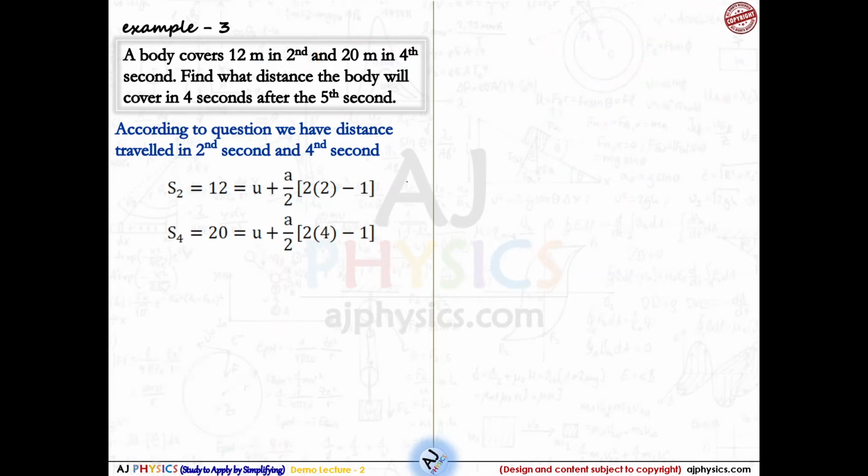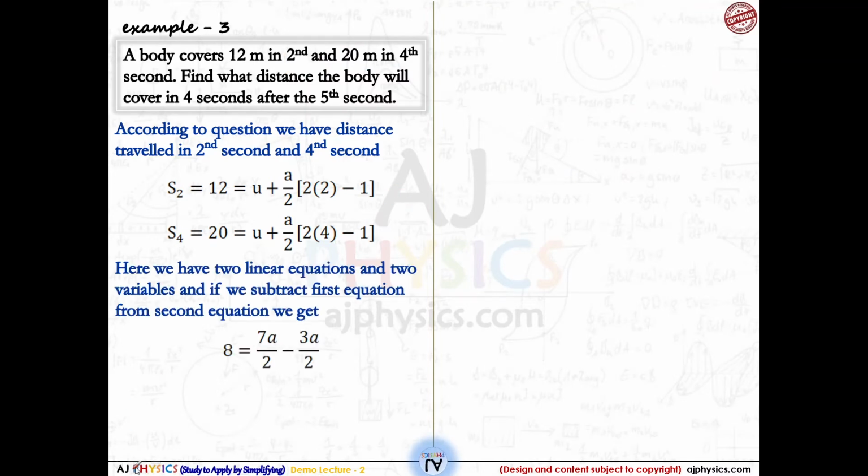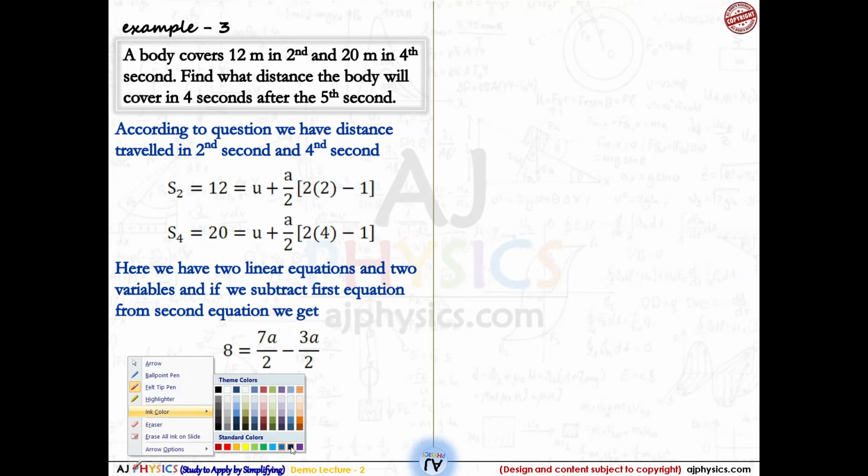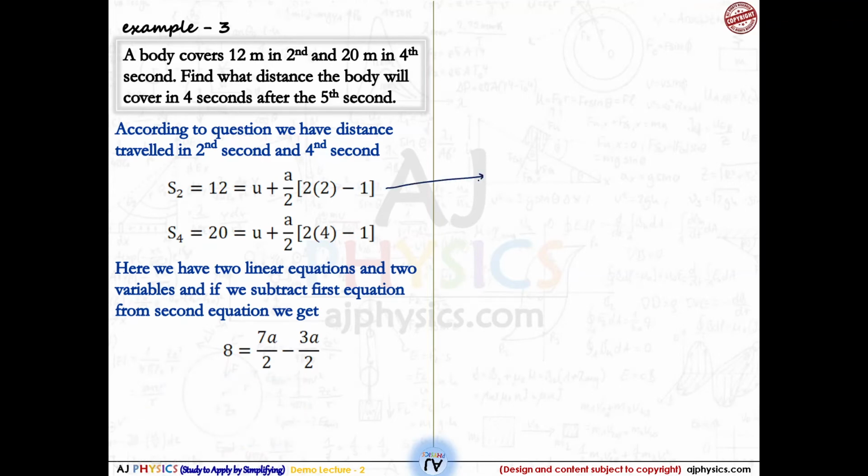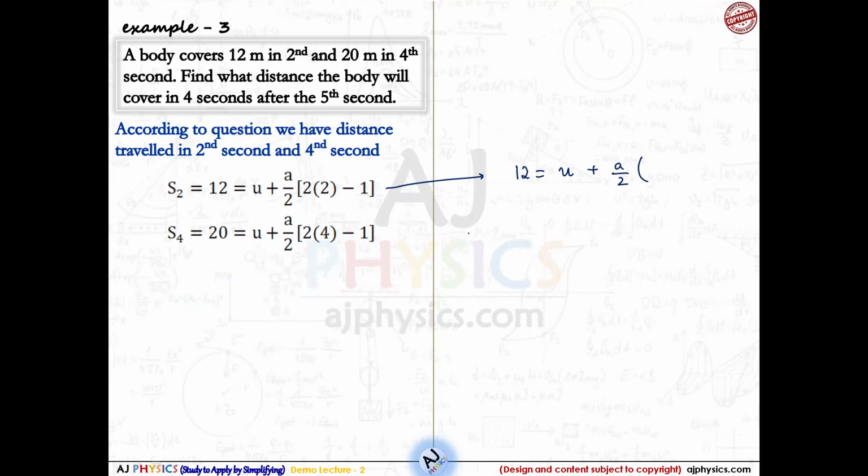Now you can simplify these equations if you want. And when you simplify these two equations, the first will be 12 is equal to u plus 3a by 2, and in the second case, it will be 20 is equal to u plus 7a by 2.